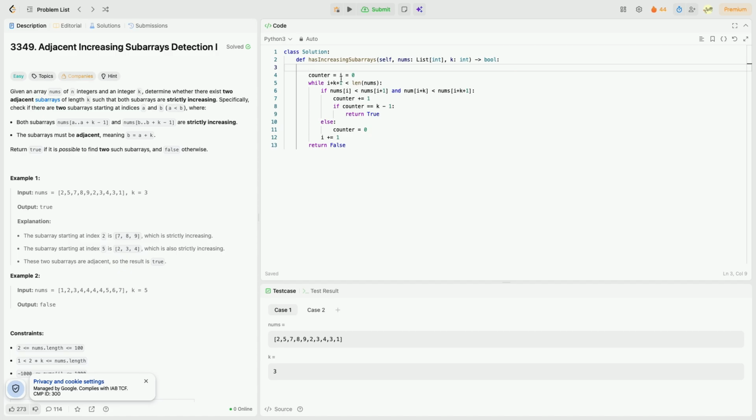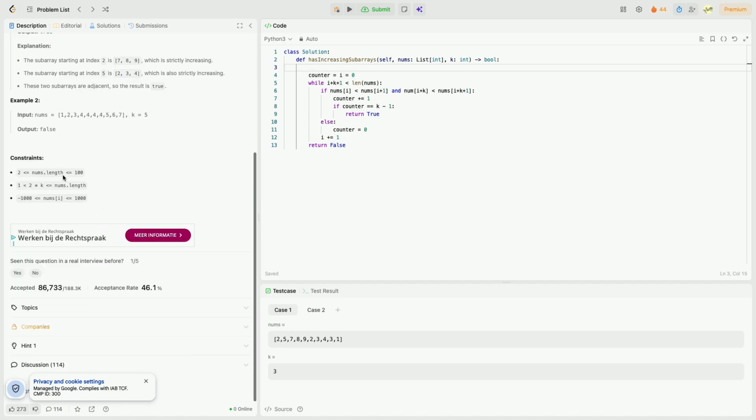Now there's one more edge case. We know that the length of nums is always 2 or larger. But if k is 1 and we have an array of length 2, then we have a problem because we'll never get into the while loop. i plus k plus 1 is 2, and the length of the array is 2, so we would immediately return false. However, when we have an array of length 2 and k is 1, then both subarrays are in increasing order, even though they only contain one element.